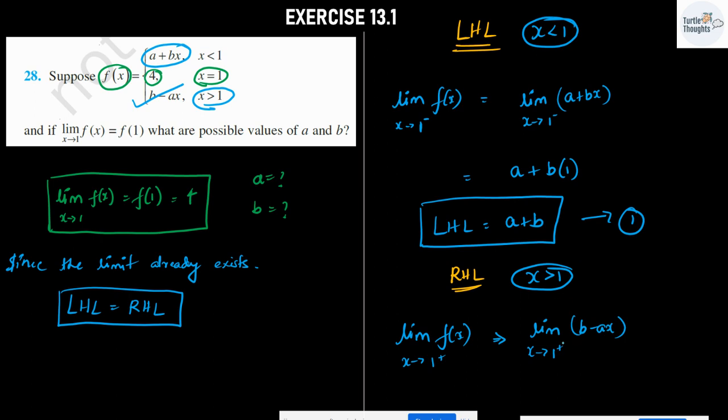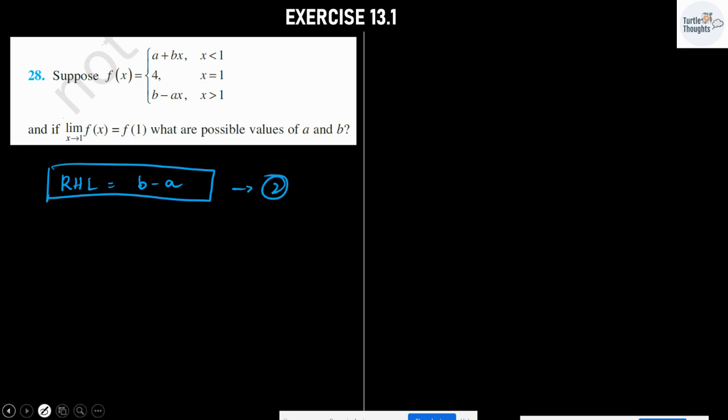Substituting the value of 1 in place of x, I will be getting the value of RHL as b minus a multiplied by 1. I will be getting this answer as b minus a. Let me go to the next slide. Here I will be writing RHL is going to be b minus a. You can take this as equation number 2.